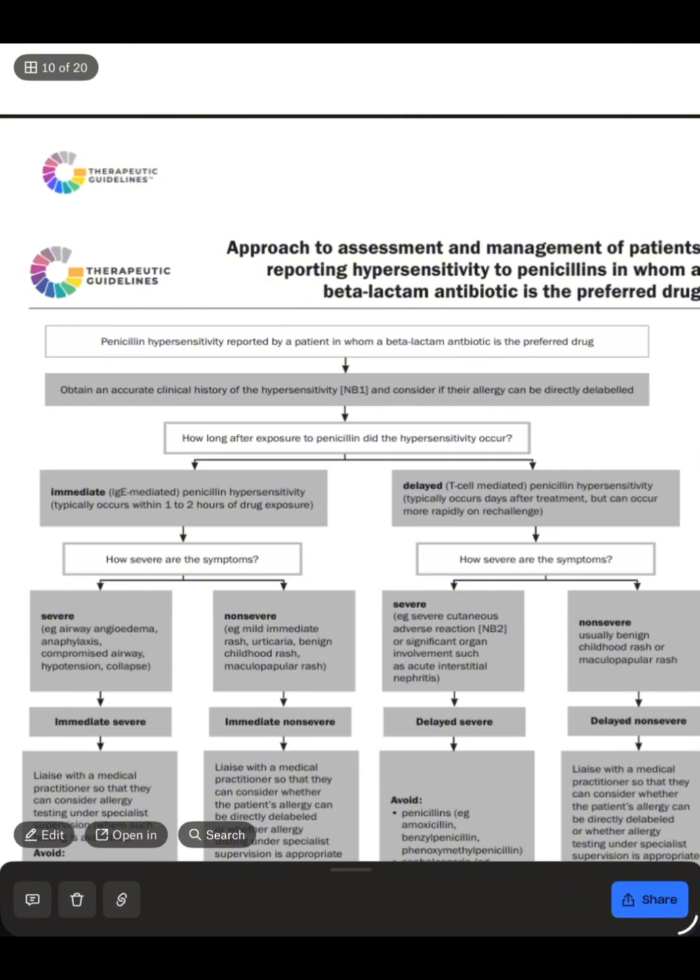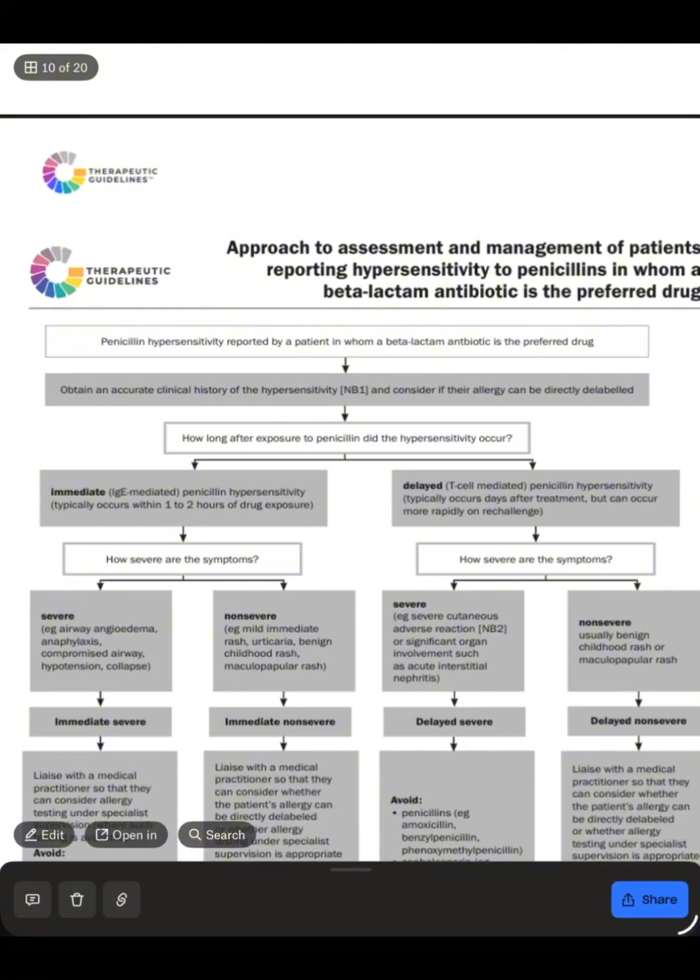So, immediate IgE mediated penicillin hypersensitivity typically occurs within 1 to 2 hours of drug exposure. And delayed, which is T cell mediated penicillin hypersensitivity, typically occurs days after treatment, but it can occur more rapidly on rechallenging. Okay.